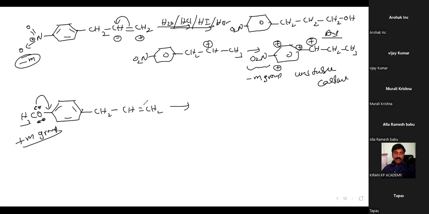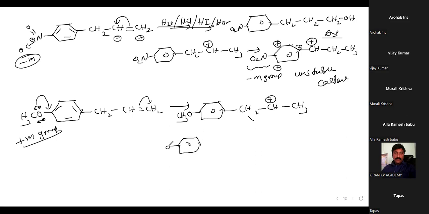Therefore, in this case, the bond shifts here, and we will expect the carbocation to shift here, you make a carbocation, in this case a methyl shift, OCH3, this one CH plus, CH2, CH3. Then whatever nucleophile you are taking, whether water meaning OH minus, or Br, that will come and join in this place. So this type of question will be expected.